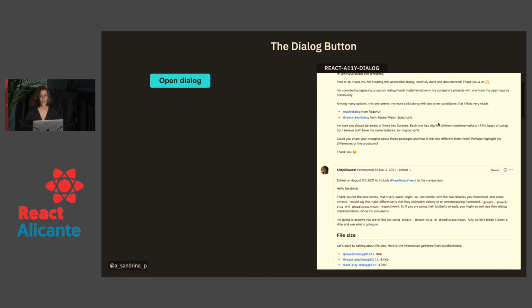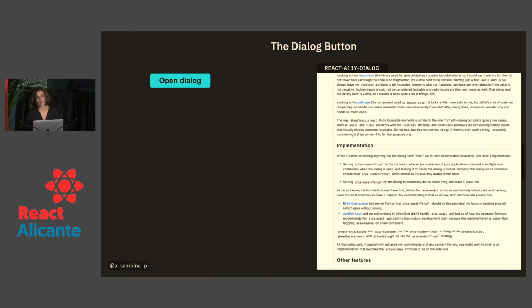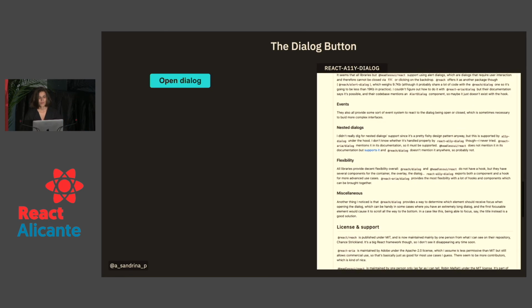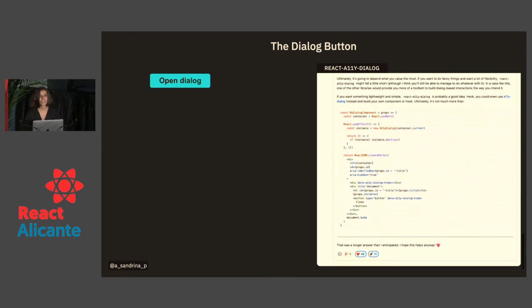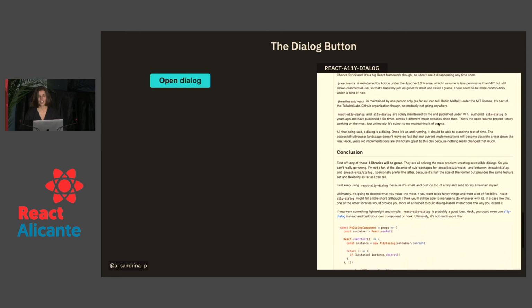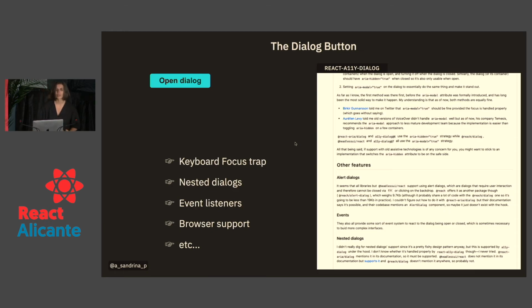And the answer that I got, well, it was, if you can't see this, it's harder than it looks, okay? It takes a lot to just do a dialog that is fully accessible, like the keyboard navigation, nesting dialogs, event listeners, callbacks, browser support. And this is just a dialog.